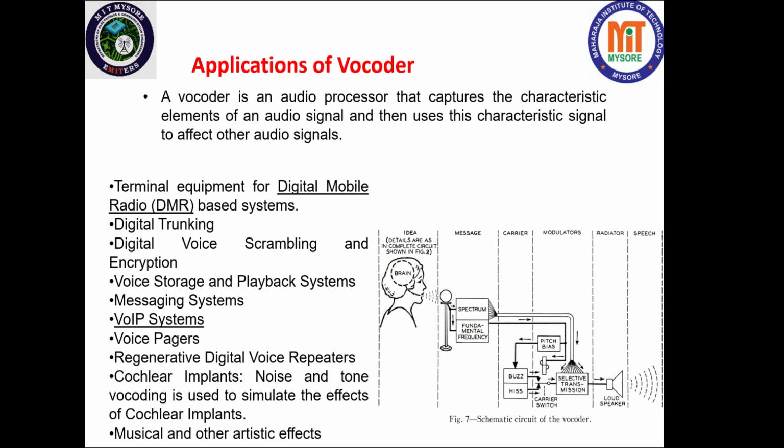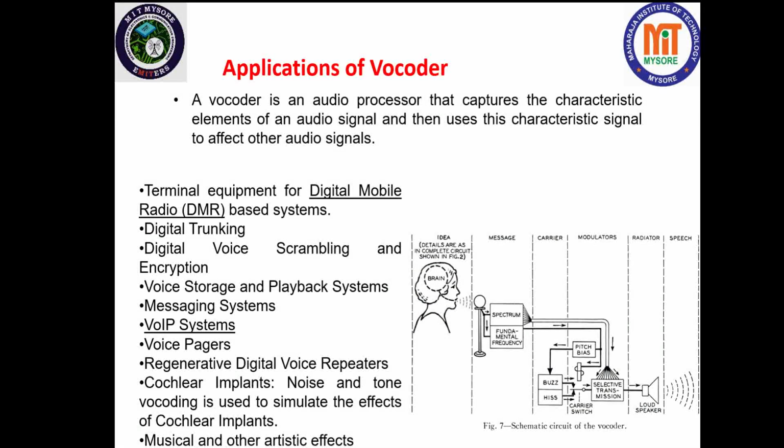The design of the vocoder broke speech into multiple bands, that is, the spectrum of speech was broken into multiple bands, retaining only those necessary for speech intelligibility. So if there are hundreds of frequencies, only the required number of frequency bands which define the speech signal properly with intelligibility are retained.